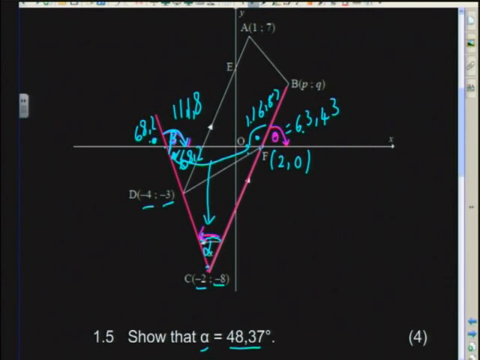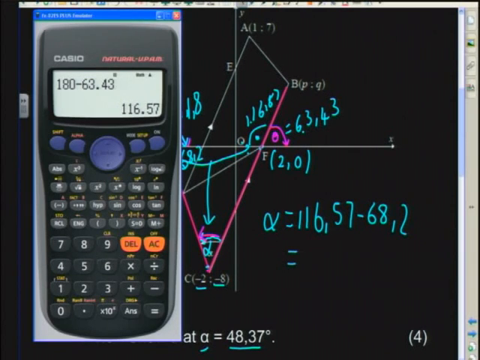So if I want to get to alpha using exterior angle of a triangle, I'm going to say alpha is equal to 116,57 minus 68,2. All right, and let's just get our calculator up. So it's 116,57 minus 68,2.